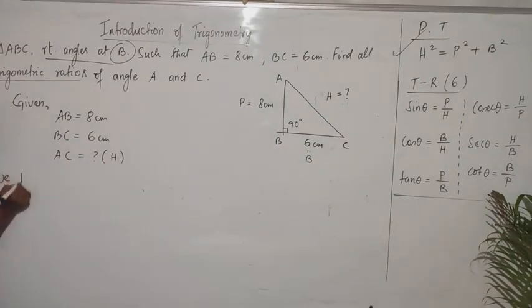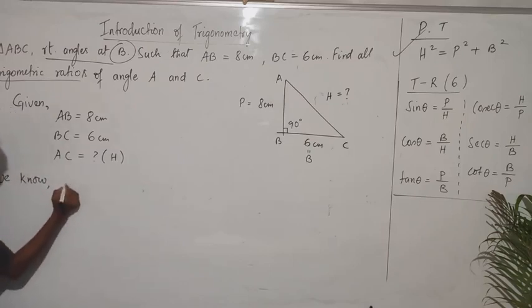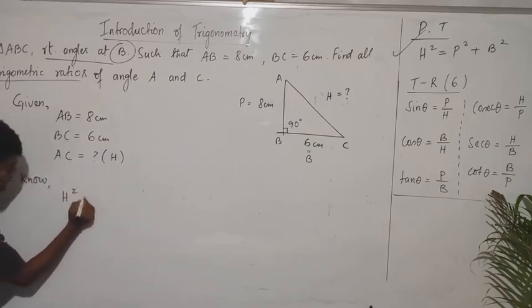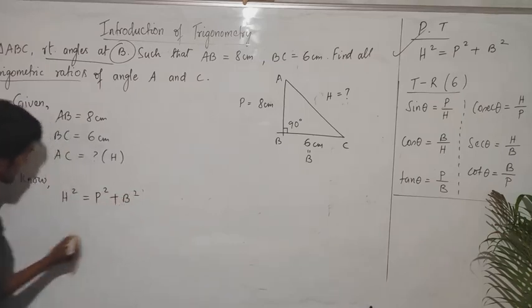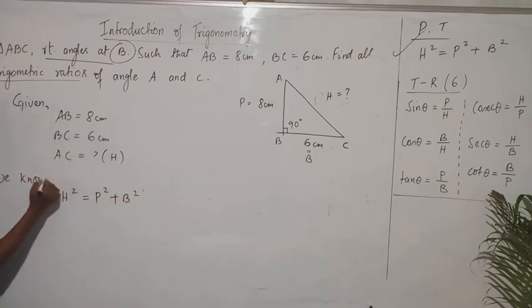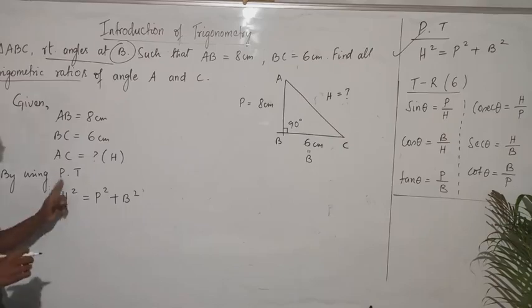We know hypotenuse square is equal to perpendicular square plus base square, by using Pythagoras theorem.